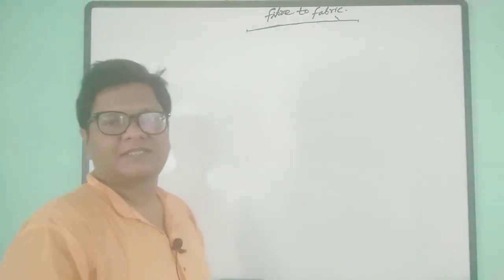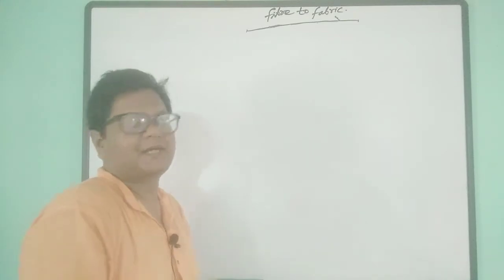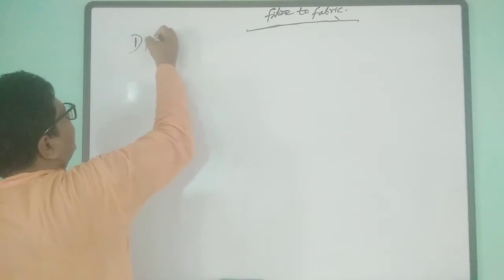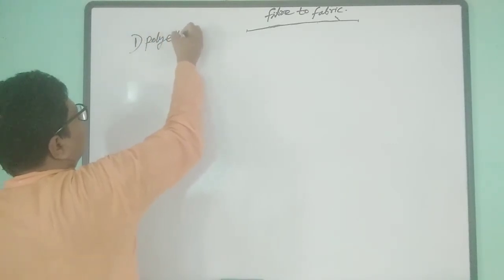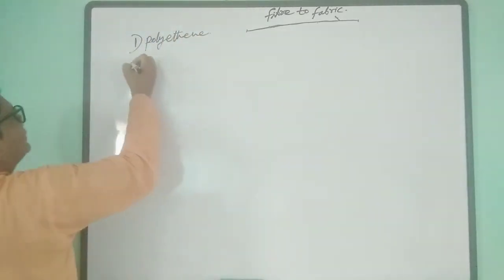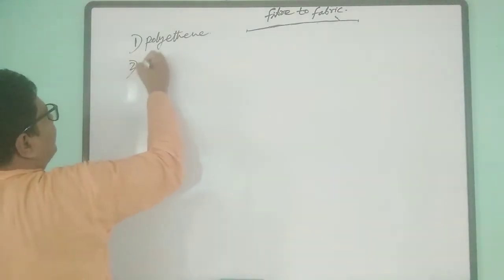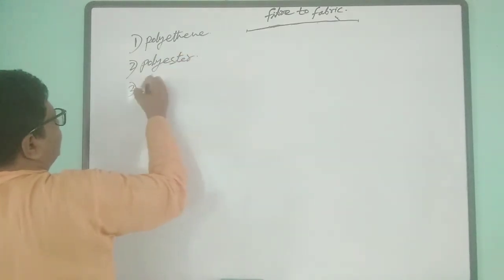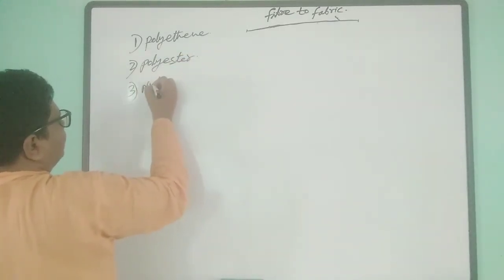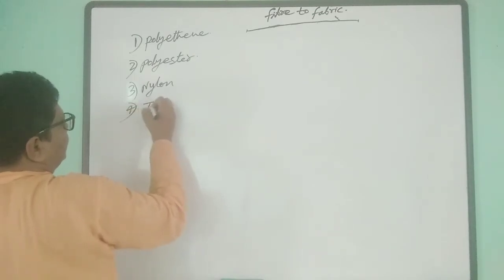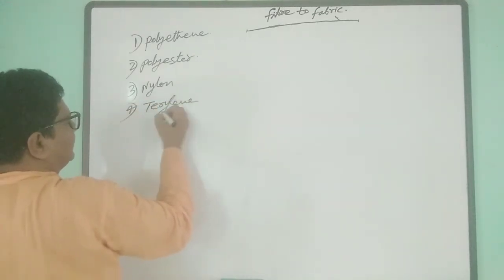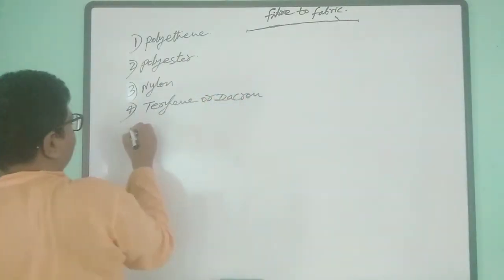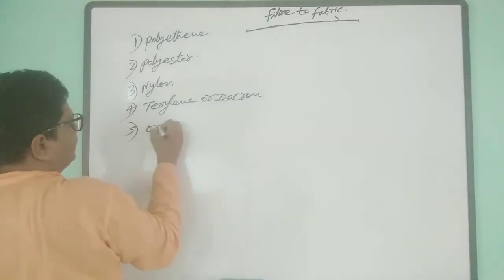See, the synthetic fibers which we are going to discuss are: number one, polythene, polyester, nylon, terylene or dacron, and last one is orlon.